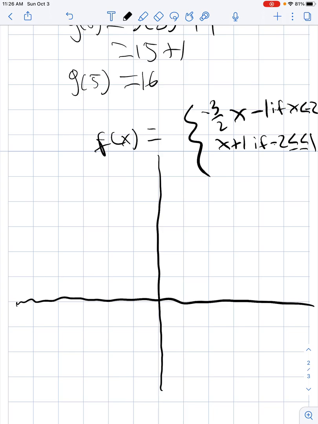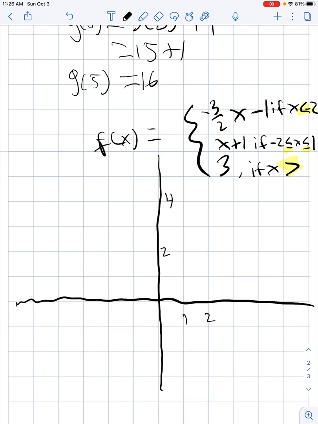This is going to be negative 2 if x is less than negative 2. And then it's just going to be 3 if x is greater than 1. Again, we've got to cover all parts of our domain. So notice, I didn't write this one correctly. Notice we've got or equal to here, and we do not have or equal to on these ones. And that will come into play when we graph it.